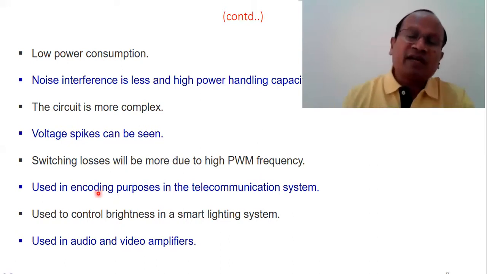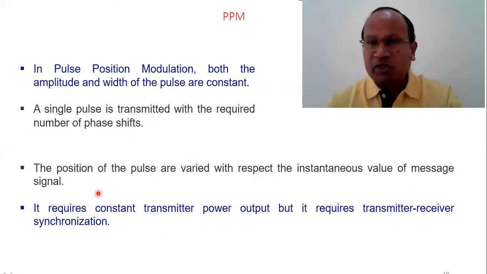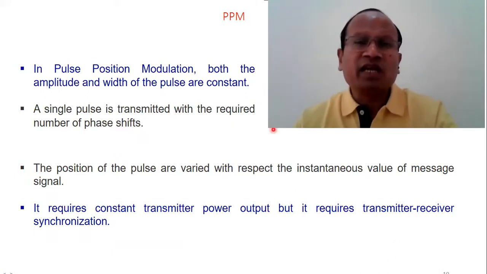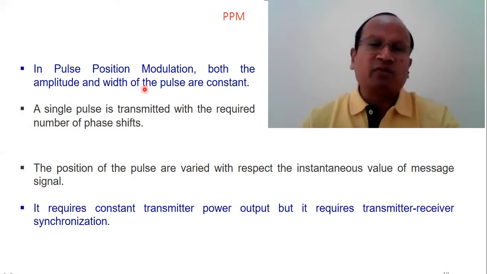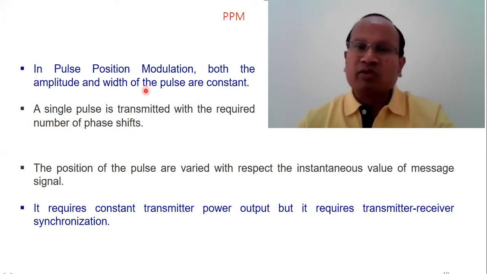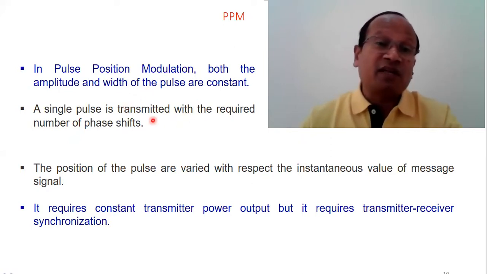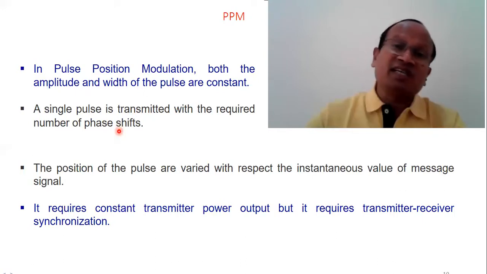Audio and video amplifiers can be controlled by using a pulsed input, and the pulsed input may have varying amplitude, varying width, or varying position. So let's discuss all these modulations individually, briefly. In PPM, both the amplitude and width will remain constant. A single pulse is transmitted with the required phase shifts, phase delays, because the position is changing.